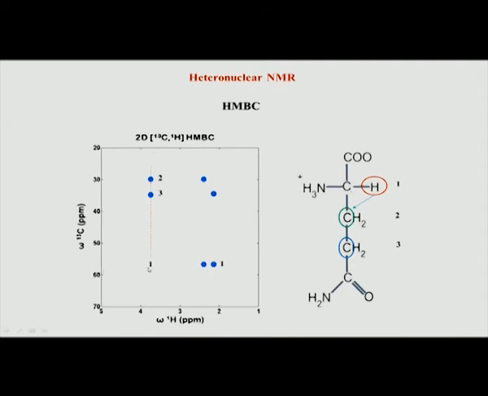Now we have suppressed that correlation and tuned to long range. So now I will start seeing this proton to this carbon correlation, proton number 1 on this horizontal line and 2 in the carbon dimension here.